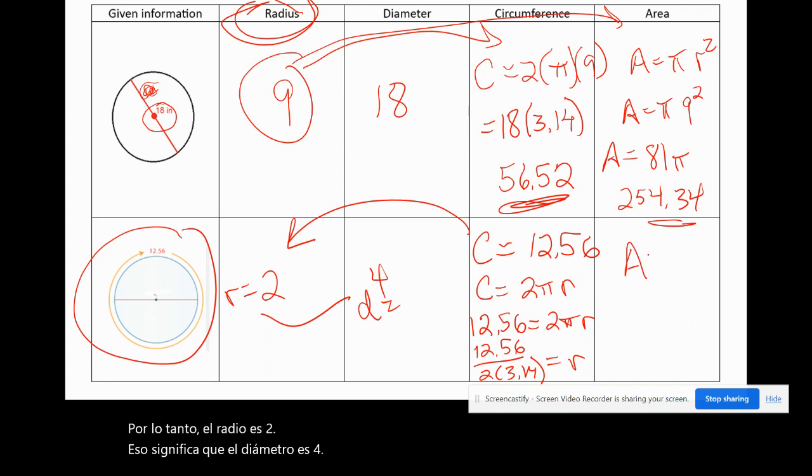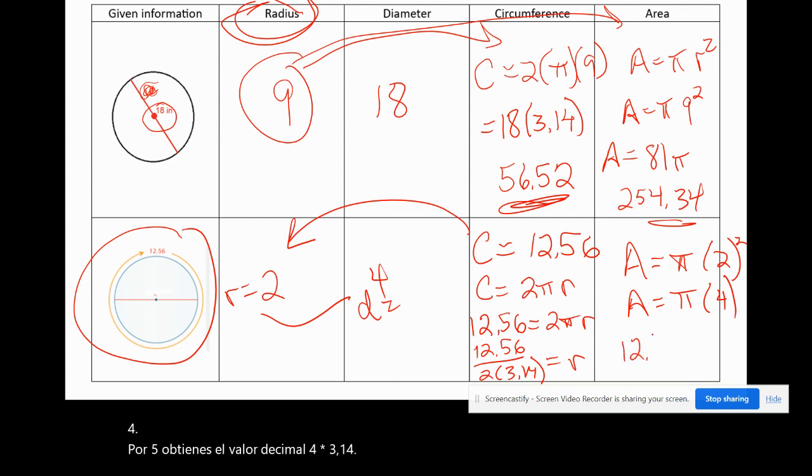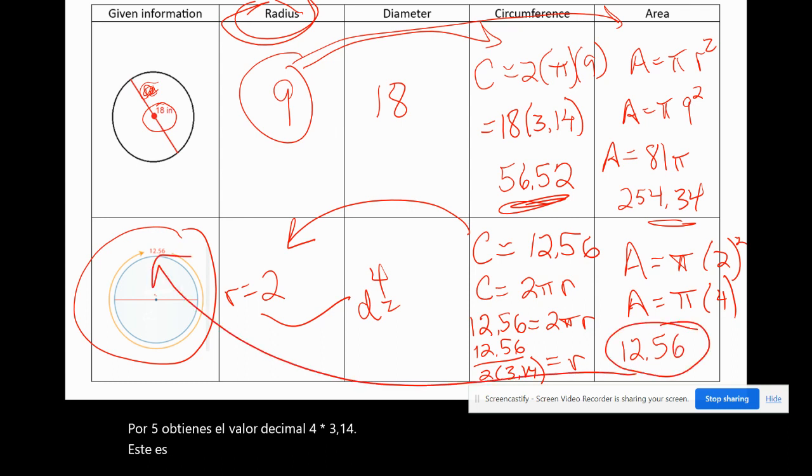And the area, pi times radius squared. So 4 times pi. If you're getting a decimal value, 4 times 3.14. This is the one case where the radius and the circumference, or the area and the circumference, are the same thing. That's it. There are video links on each of those pages.